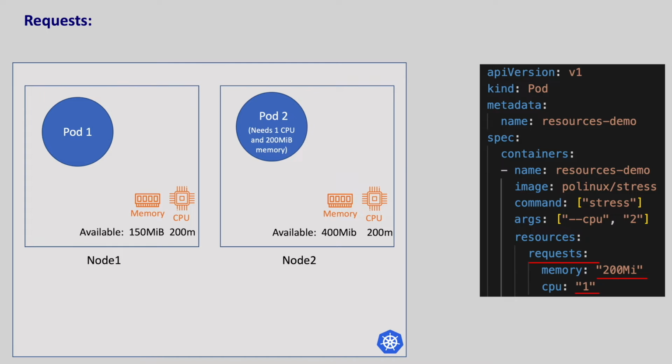In any case, if there are no nodes with the minimum capacity defined in the pod, the pod lies in the pending state until the resources are available. Once the resources are available on any node, then the Kubernetes scheduler schedules this pod onto that node. In short, Kubernetes compares the resource request defined in the pod to the available resources on each node in the cluster and automatically assigns a node to the pod.